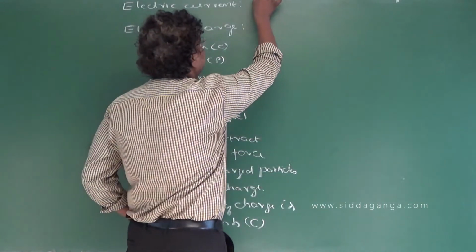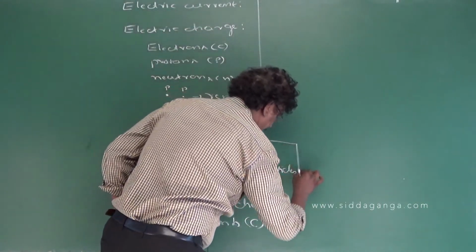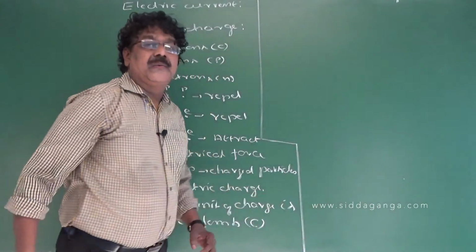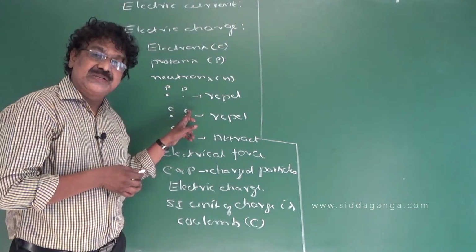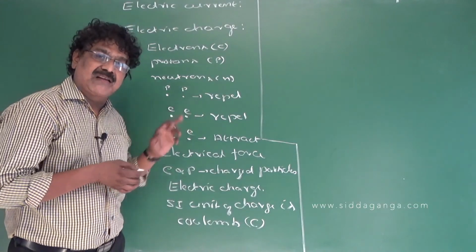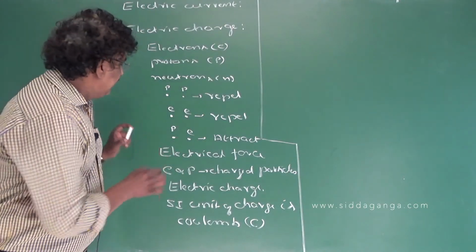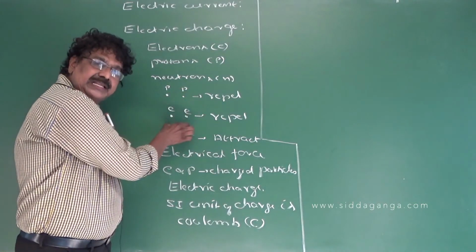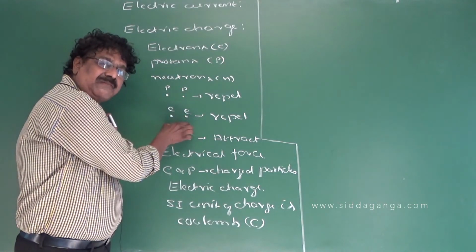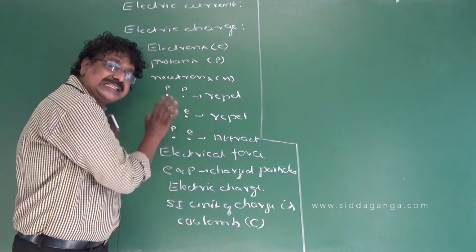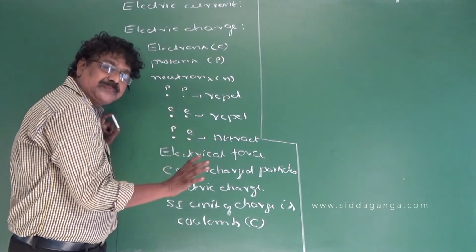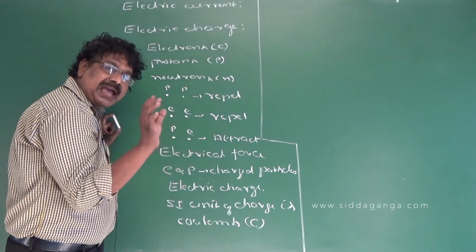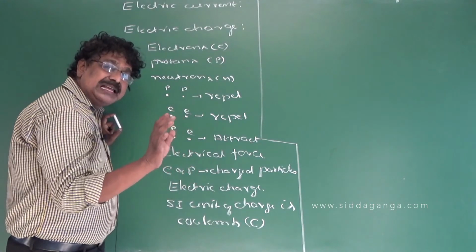Now, whenever we consider the electric charges due to protons and electrons, we observe that at a given distance the magnitude of force of attraction or repulsion is the same. That means the magnitude of charge on a proton is the same as the magnitude of charge on an electron.